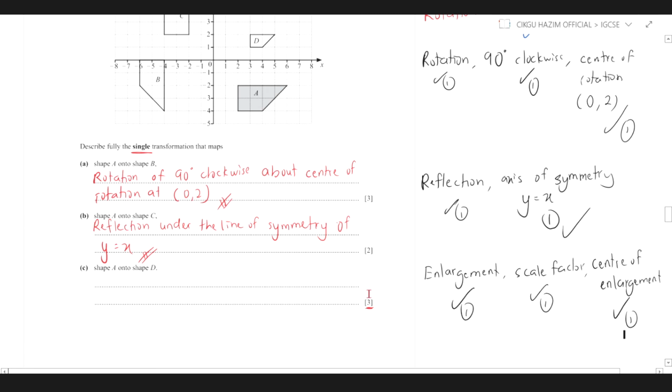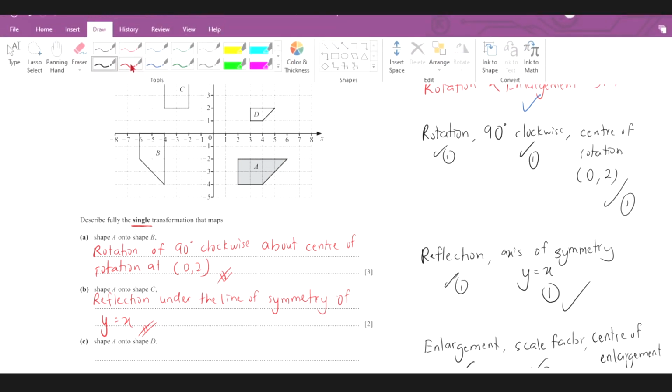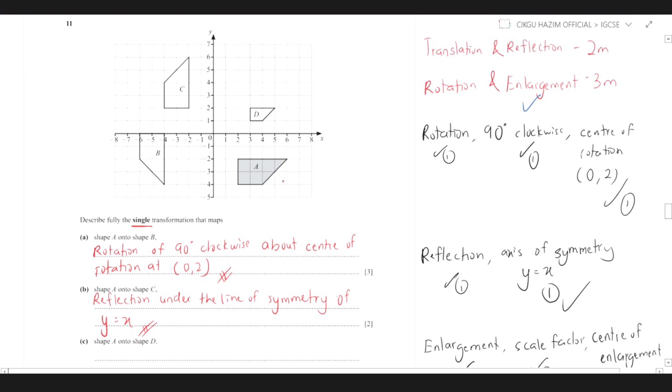So we already know it is enlargement. What is the scale factor? Look where the object is and where the image is. Object is A, image is D. You can see that the image is smaller than the object. How does it become smaller? Just look at this side. If the object is 2, then the image is 1.